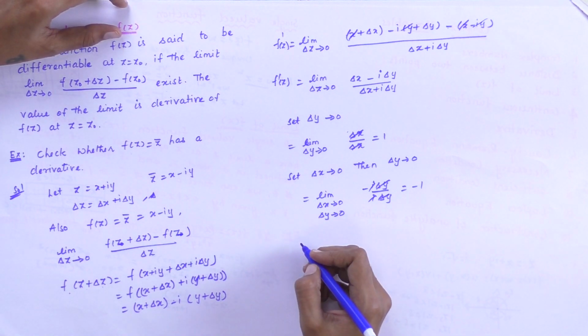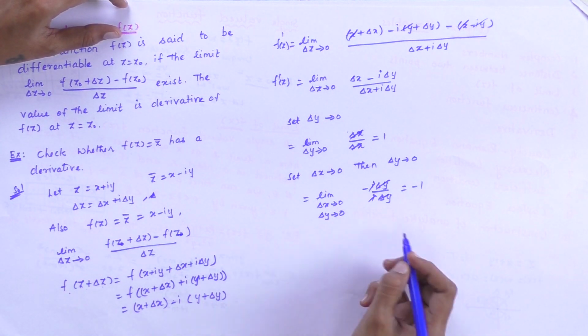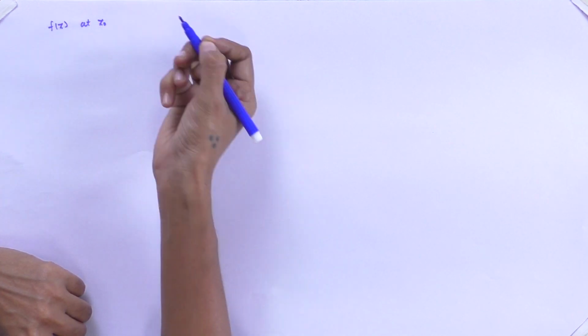And next one is the Cauchy-Riemann equation. Next, let us discuss the definition of analytic function. A function f of z is said to be analytic at the point z naught, or analytic everywhere, or analytic in the neighborhood.